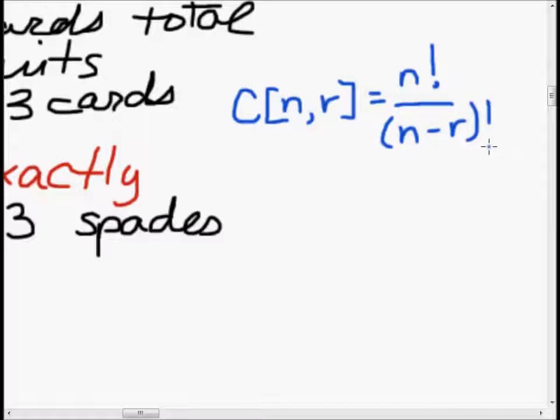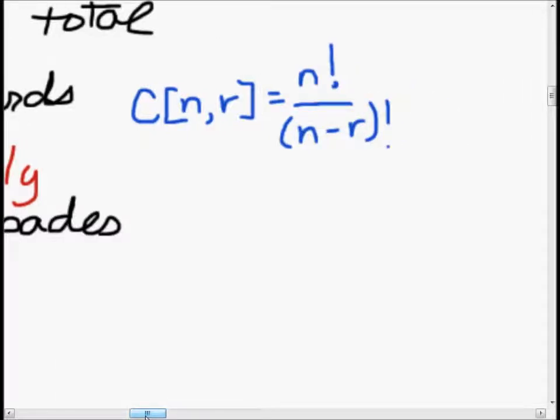You should remember both of them, get them on an index card, look at them constantly, and make them near and dear to you, because we're going to be using this a lot. So the combination of n things taken r at a time is equal to n factorial over n minus r factorial times r factorial. And all of this, just so you're not confused, is on the bottom there. Kind of important. So let's go back to our problem.